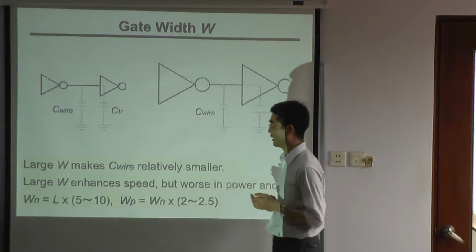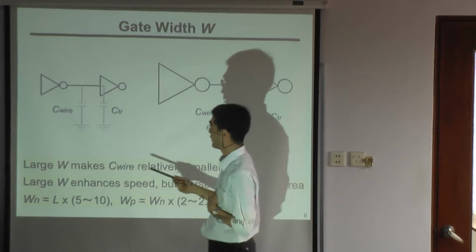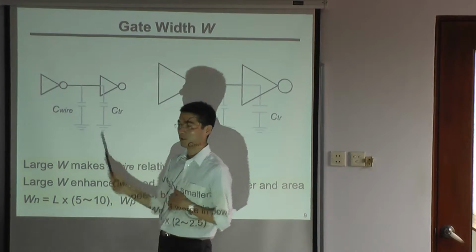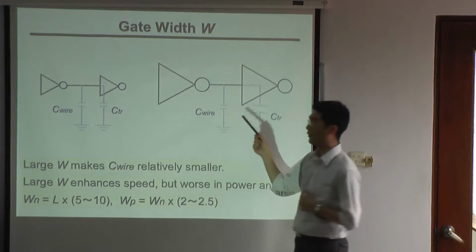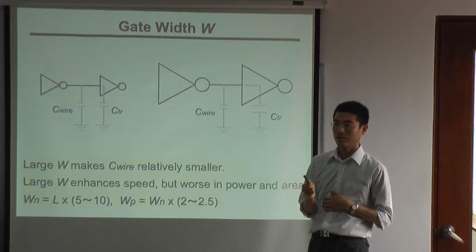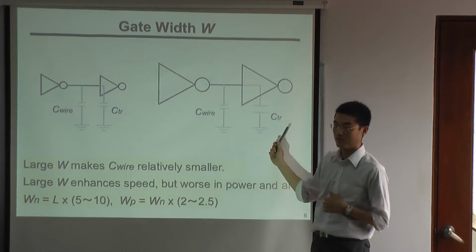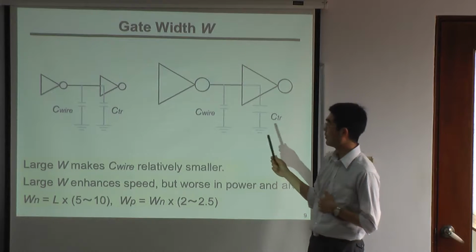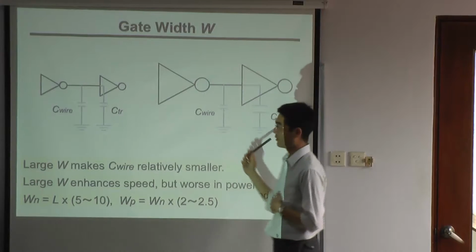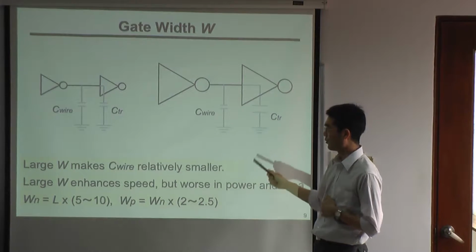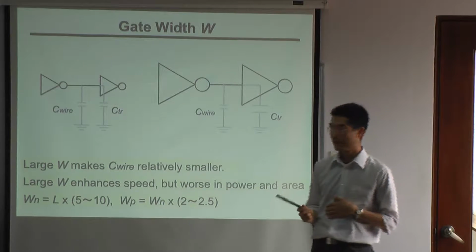And as I told you in lesson 1, we have wire capacitance. So the wider inverters have larger drain current, but the larger inverter has larger input capacitance. But assuming the wire capacitance is the same, the larger W increases the speed, at the cost of power.